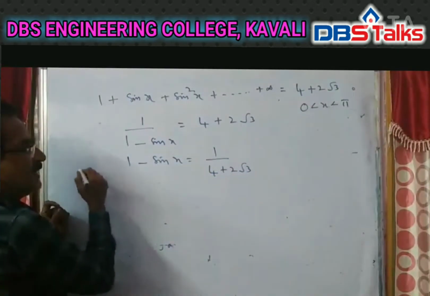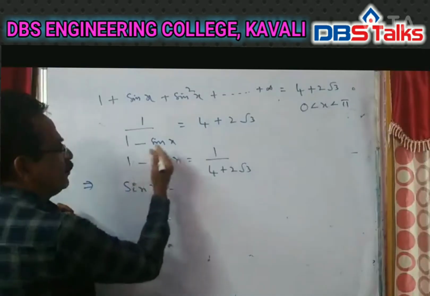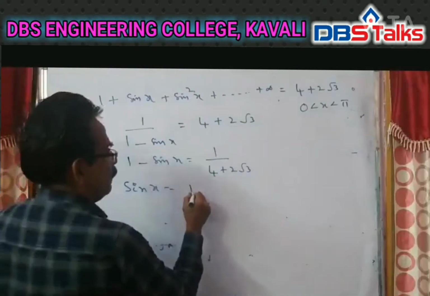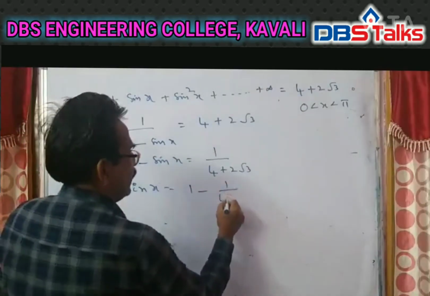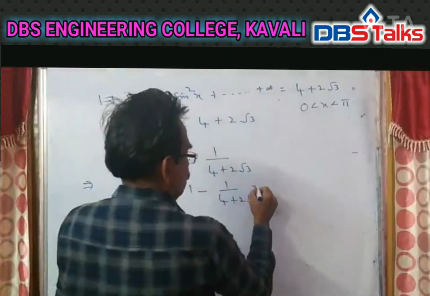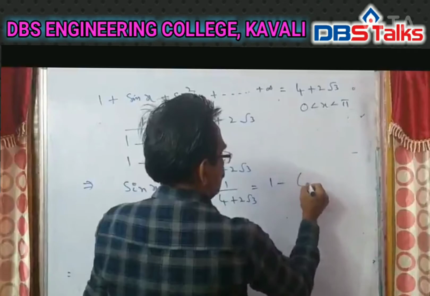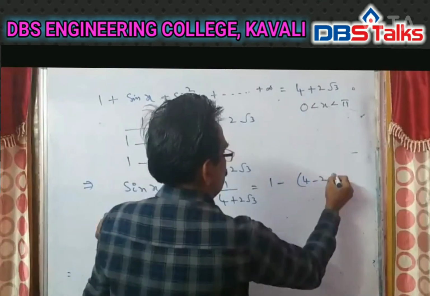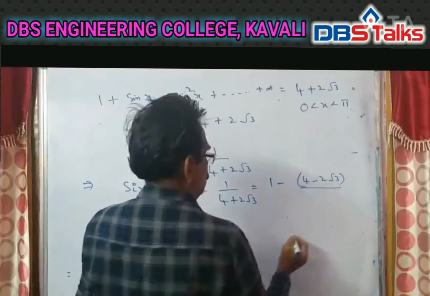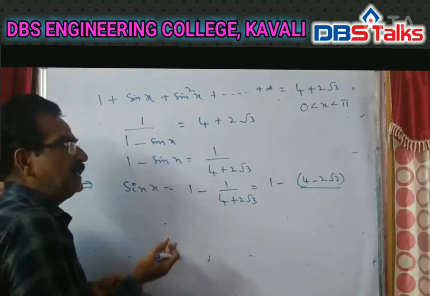It implies sin x is equal to 1 minus 1 by 4 plus 2 root 3. Let us rationalize this: 1 minus (4 minus 2 root 3) by (4 plus 2 root 3) into (4 minus 2 root 3).